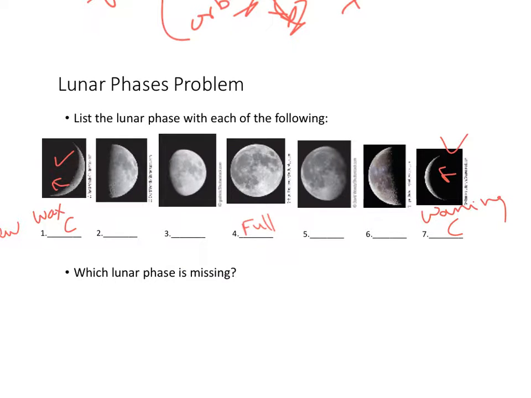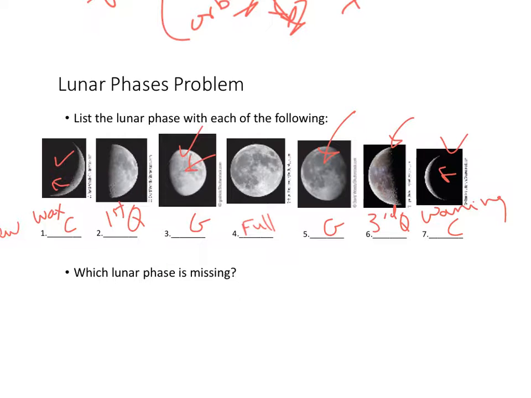Then we have our quarters. Okay, so this is first quarter, first Q, and this is the last quarter or third quarter. Either one would be great. And then that leaves these. This is our gibbous. I'll put a G for gibbous here, and this is our gibbous here. It just means that they're more than a quarter, but less than a full.